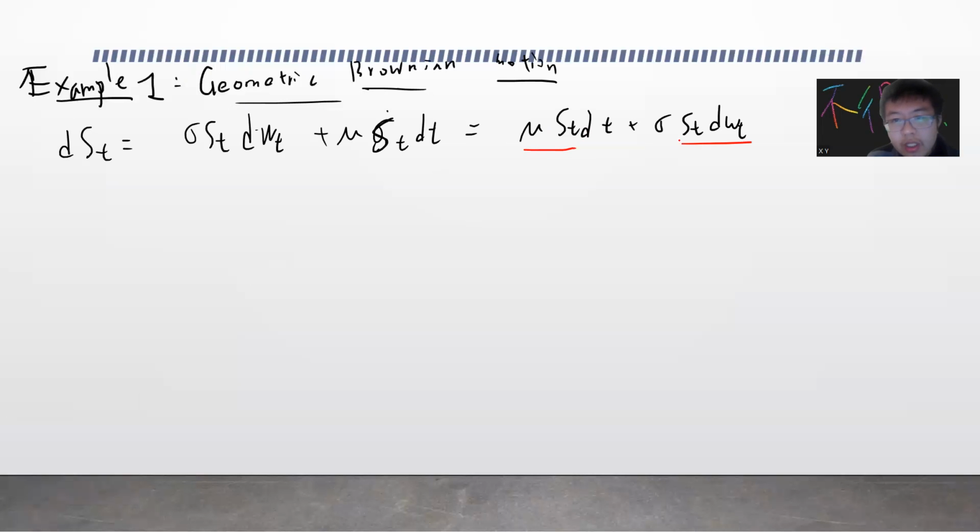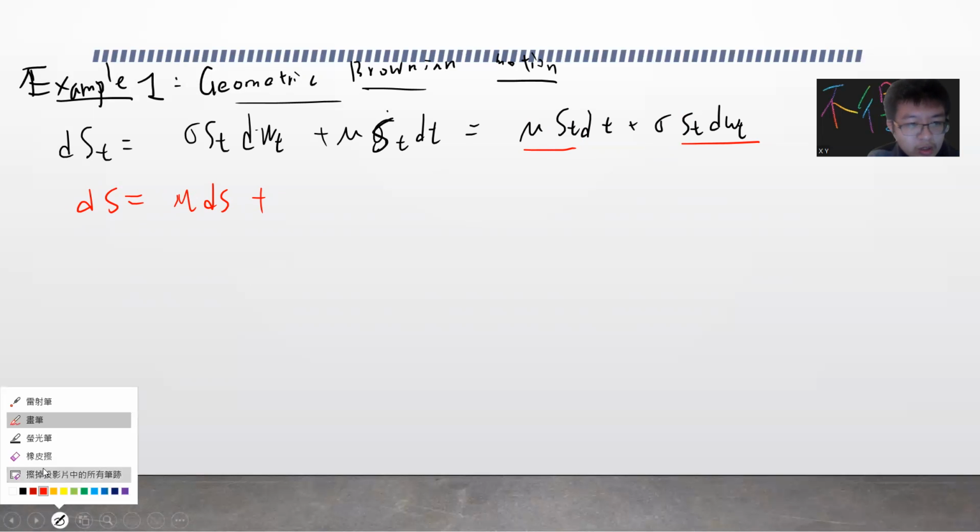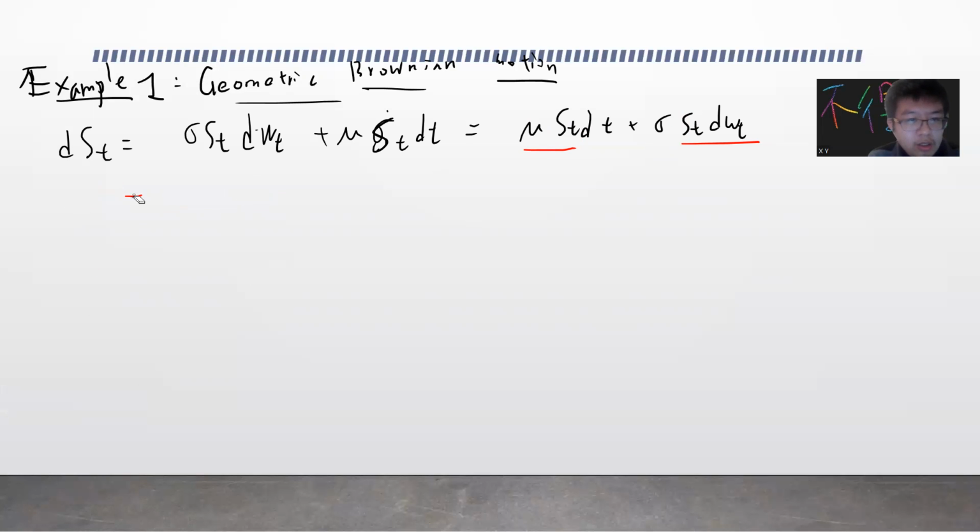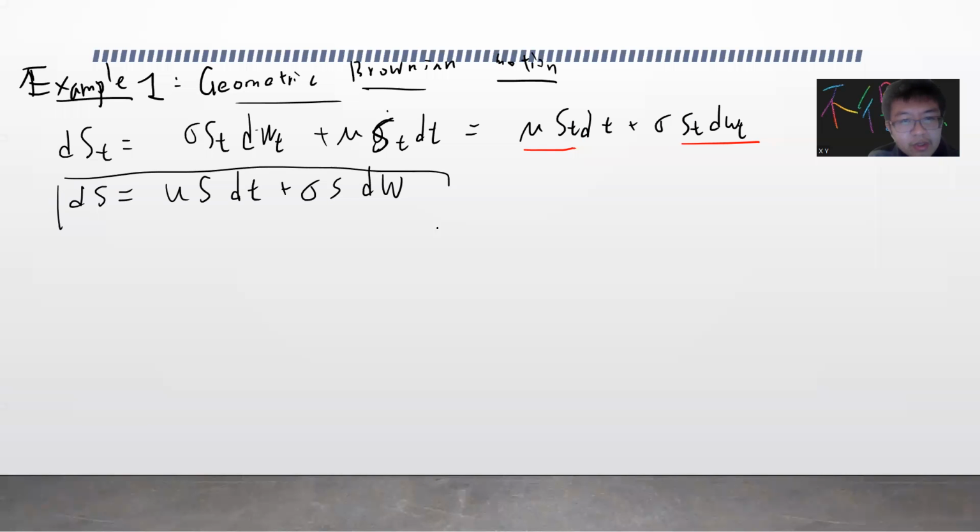Usually you don't care about the t symbol, so some people will just write dS equals mu S dt plus sigma S dW. This looks like the standard differential equation.